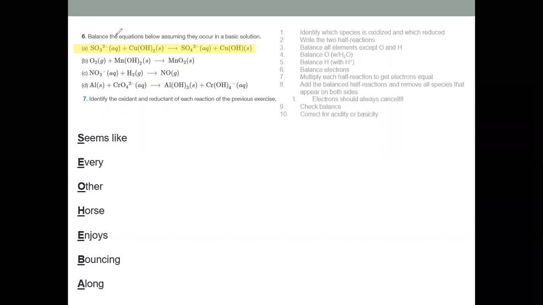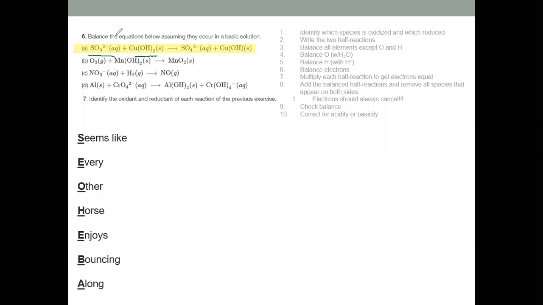All right, so let's go ahead and begin to balance this redox equation using our mnemonic. Seems like every other horse enjoys bouncing along. All right, so let's separate, right? And I'm going to make an observation here for everyone, and that is that we've got these two species on the left side of the equation.